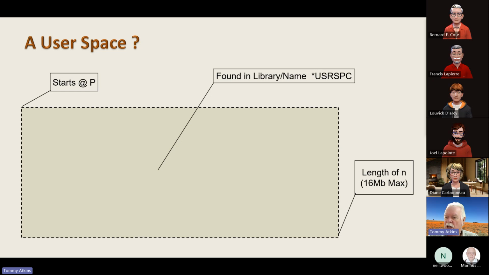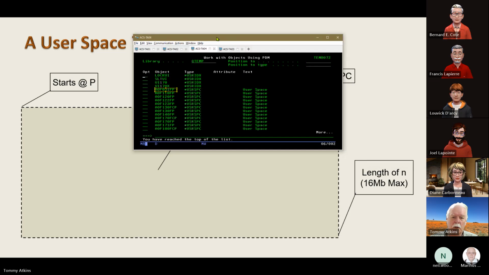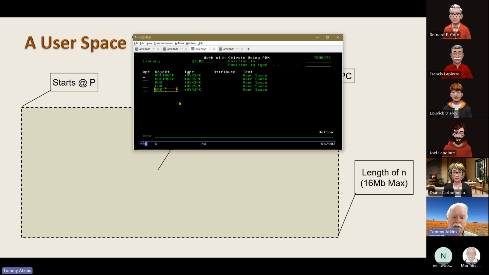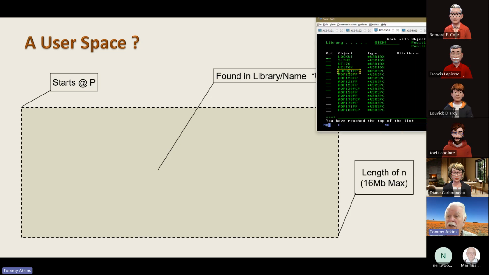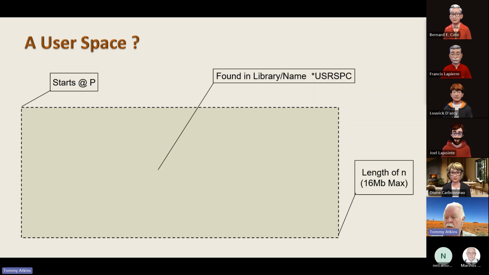So you don't have to say it's a user space in the name, because there is the type code and you can see that. So I don't use a convention, but I would imagine it might be a good idea to come up with some sort of a convention, because it might help depending on what you're using it for.